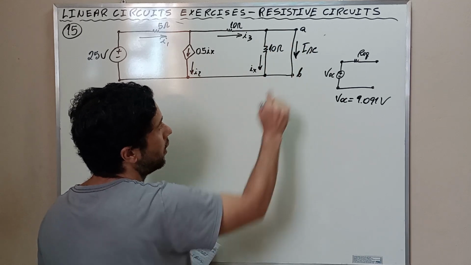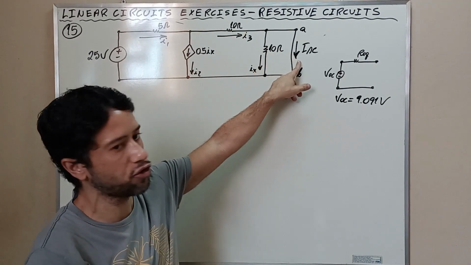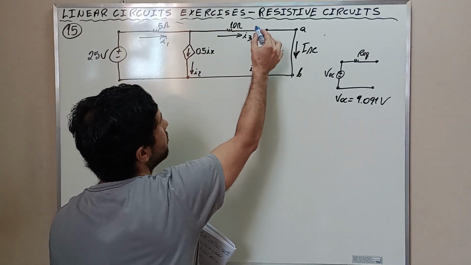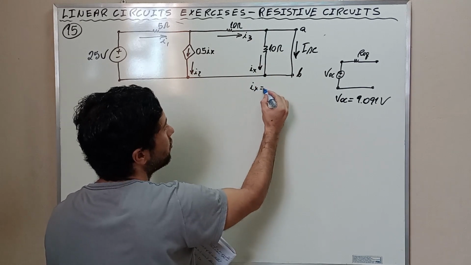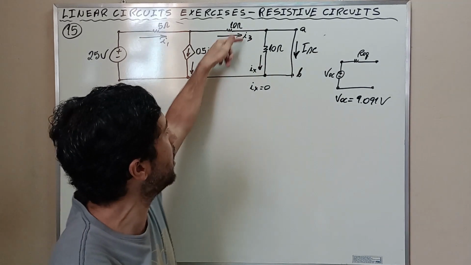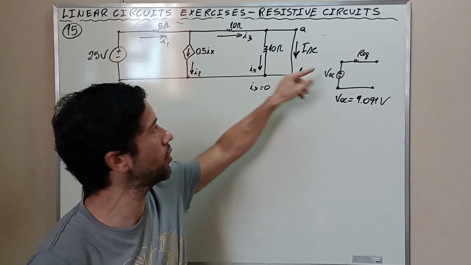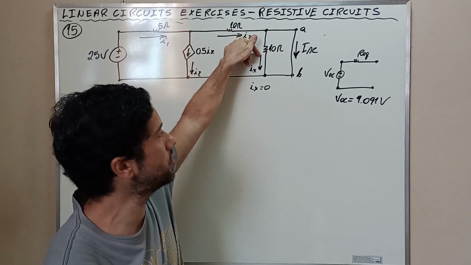So, there is resistance here and there is a short circuit here. So the current is not going to pass here, okay? Ix is equal to 0 because the current is going to flow entirely through the short circuit. It is not going to pass through this 10 ohms resistance.